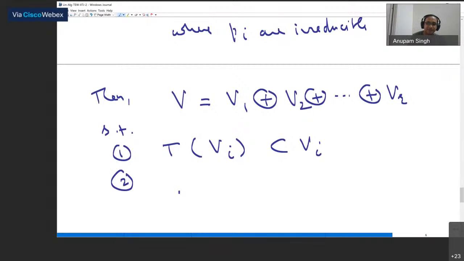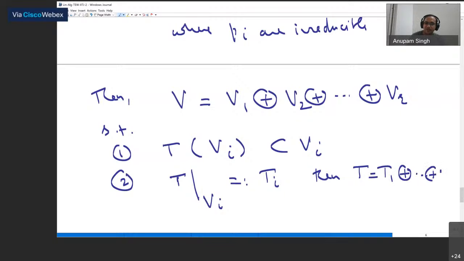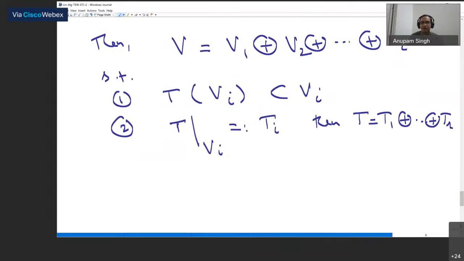The second thing is that if I look at T restricted to the subspace Vi, let's call it Ti, then I can think of T as T1 direct sum T2 direct sum up to Tr, meaning I can think of them as if they're in different blocks, right?